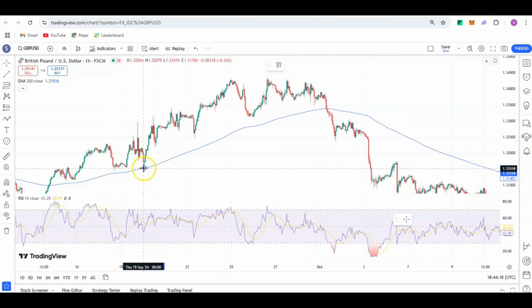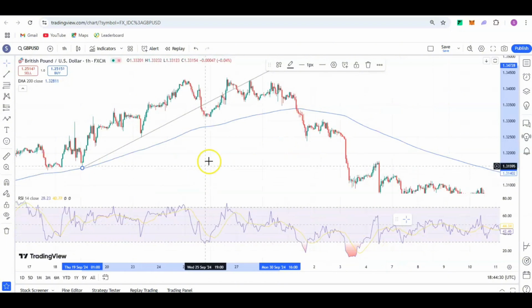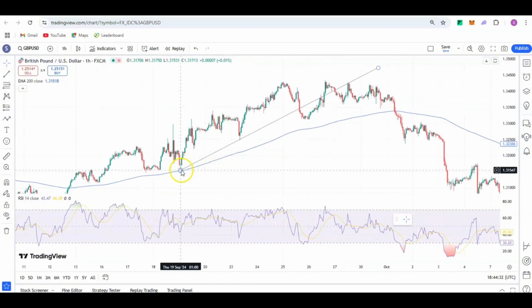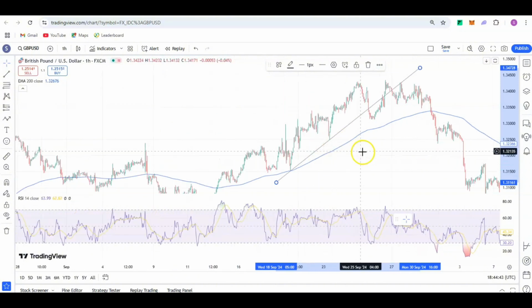So I'm targeting from this region to this particular bottom here. I'm doing this without knowing what will happen in the future. You can see my line is touching 1 and it's touching 2. When you have a trend line touching at least 2 tops or 2 bottoms, that is a valid trend line. So you have to pay attention to that.